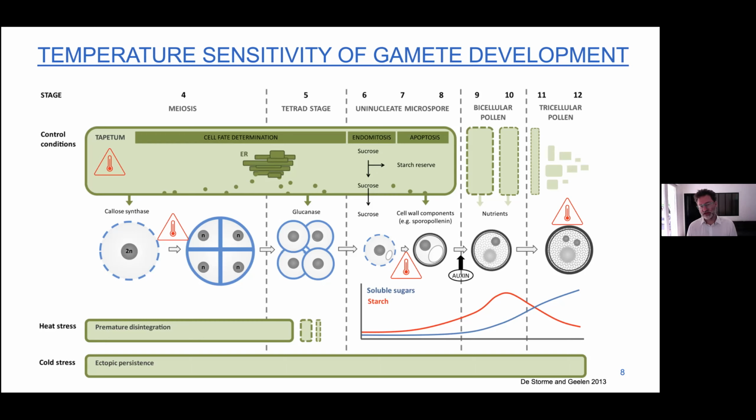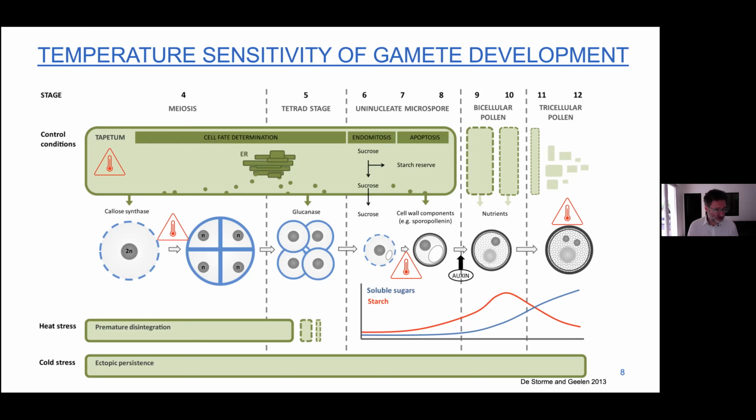What the tapetum does is deliver energy to the pollen or the microspores, and it also delivers components for cell wall formation. And when it disintegrates prematurely, it cannot feed the pollen with the energy nor with these compounds, and that will abolish any development of the microspores. And often this is then also used in developing completely male sterile plants that are useful for crop breeding.